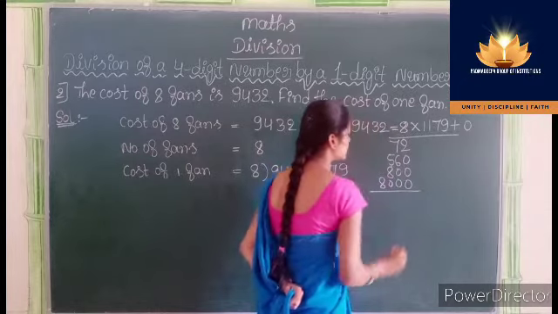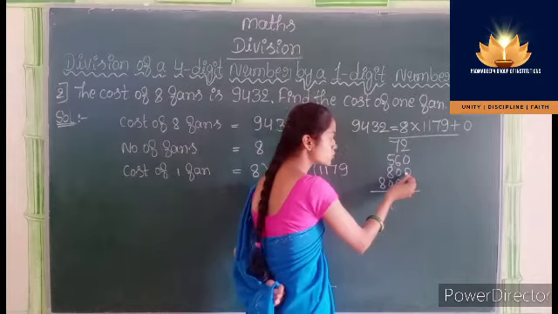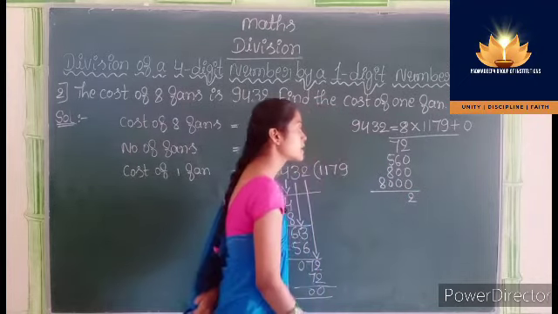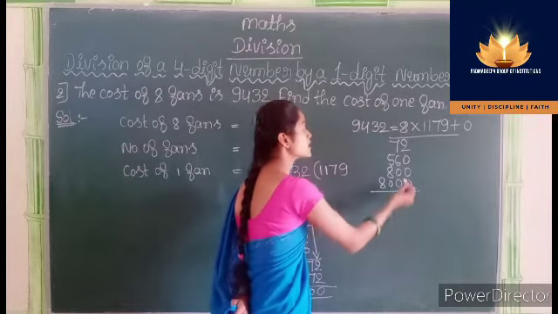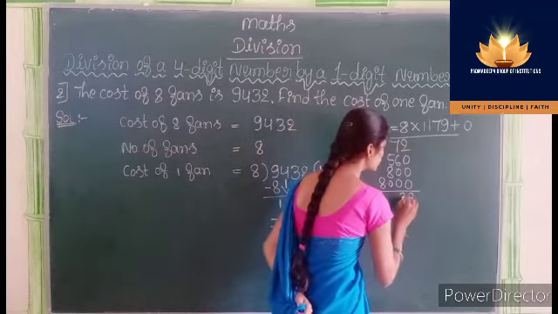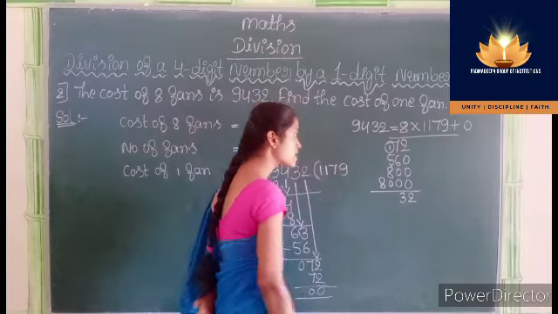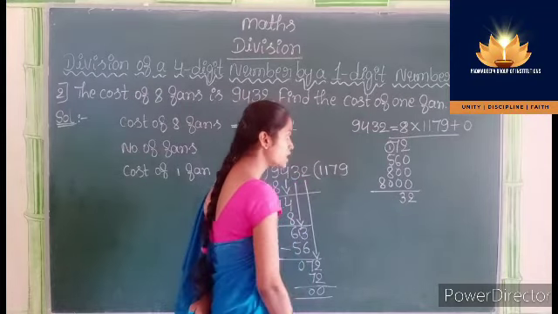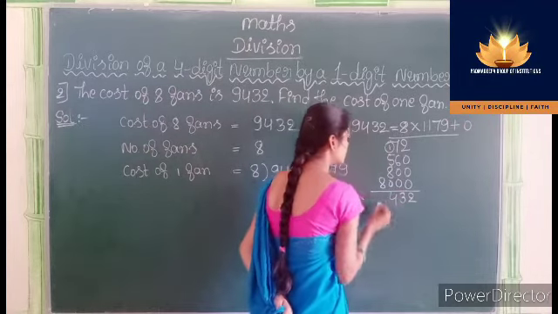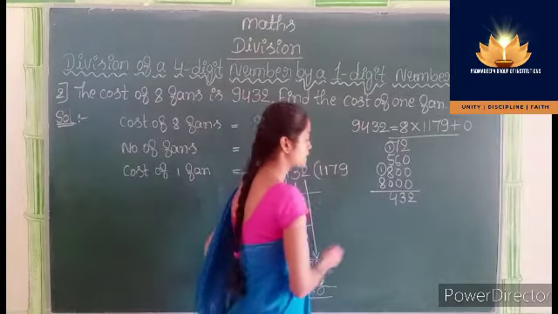Now add these products. 2 plus 0, 2, 2 plus 0, 2, 2 plus 0, 2. 7 plus 6, that is 13, 13 plus 0, 13, 13 plus 0, 13, 3 should be written, then 1 carried over. 1 plus 5, 6, 6 plus 8, 14, 14 plus 0, 14 only, 4 should be written, then 1 carry over, 1 plus 8, that is 9.